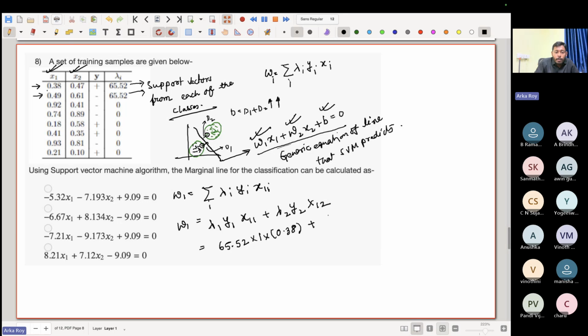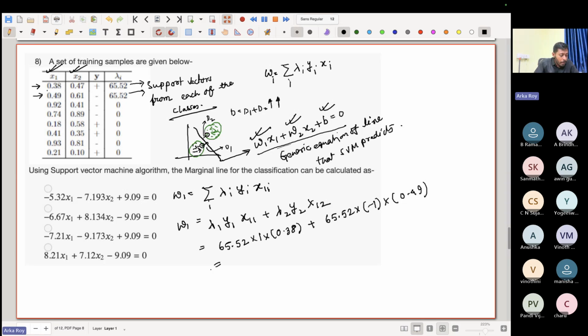Then you have lambda 2, which is again 65.52, multiplied with y2, which over here is minus 1. And then you have x12. So this is x11, this is x12, and therefore I can write it as 0.49.